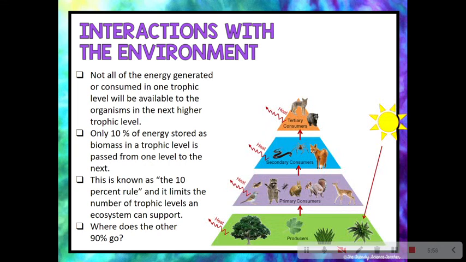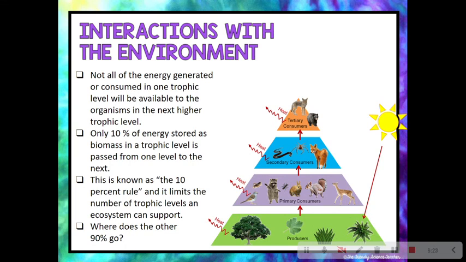Now, not all of the energy generated or consumed in one trophic level will be available to the organisms in the next higher trophic level. Only 10% of energy stored as biomass in a trophic level is passed from one level to the next. This is known as the 10% rule, and it limits the number of trophic levels an ecosystem can support.